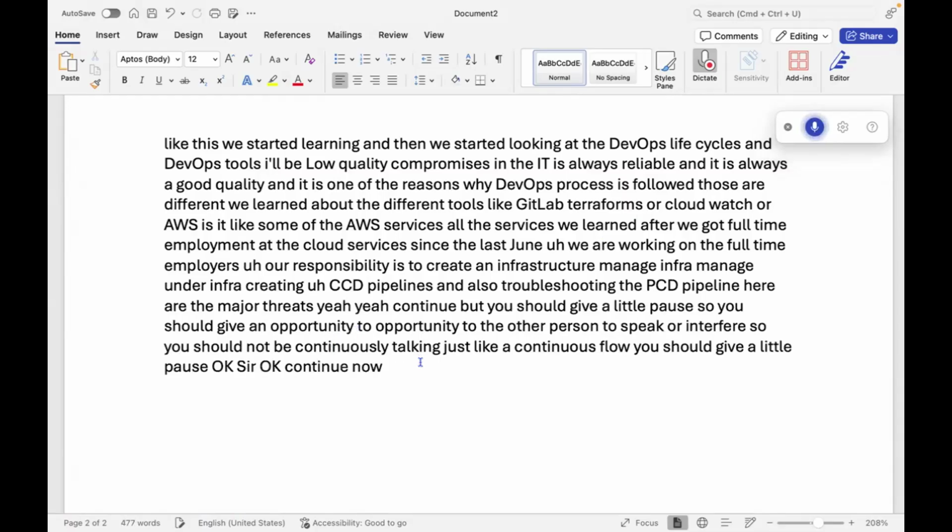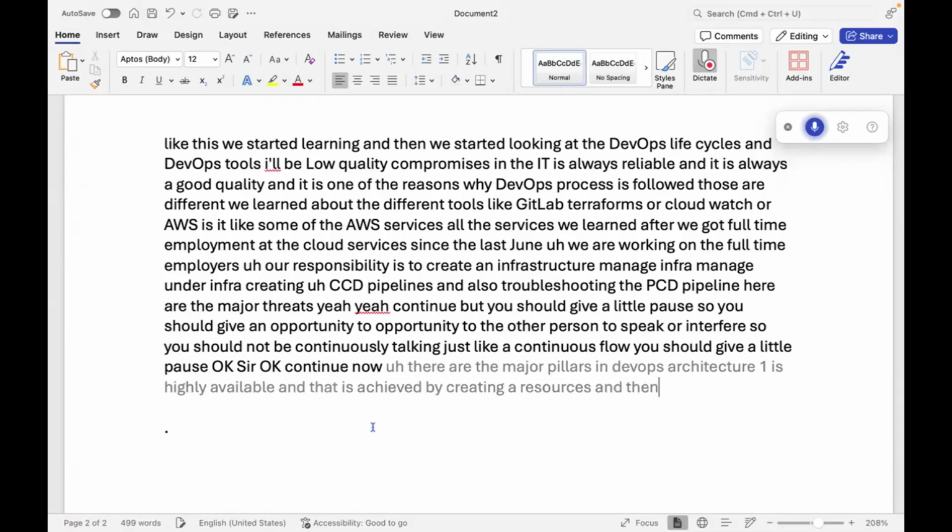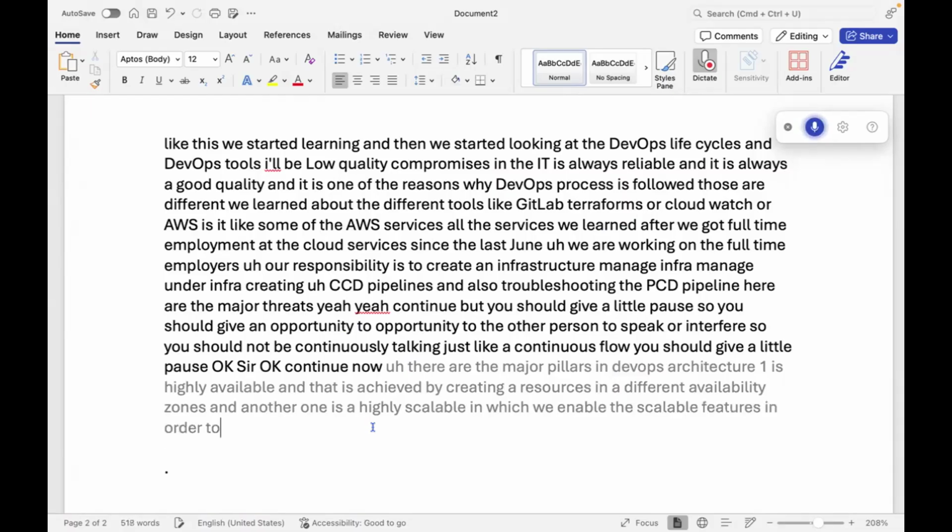These are the major pillars in DevOps architecture. One is highly available, which is achieved by creating resources in different availability zones. Another is highly scalable, in which we enable scalable features in order to increase or decrease our CPU and memory utilization.